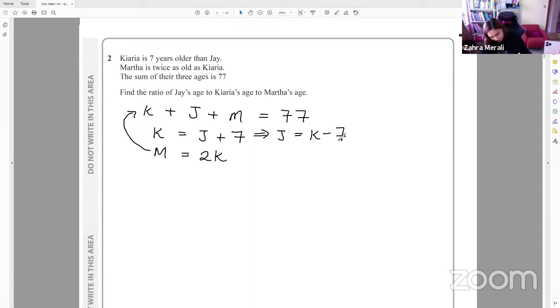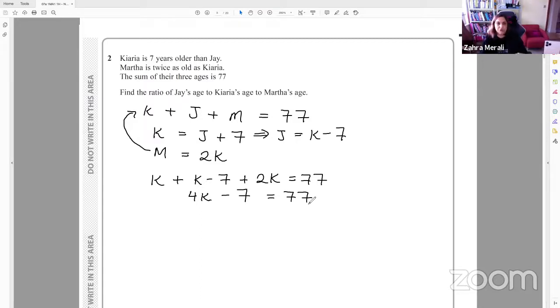So we've got K plus K minus 7 plus 2K equals 77. So altogether, we've got 1K plus 1K plus 2K, so we've got 4K minus 7 is equal to 77.